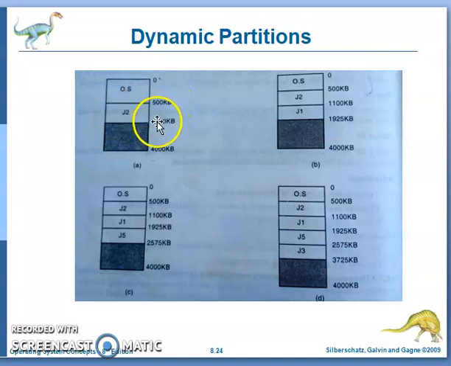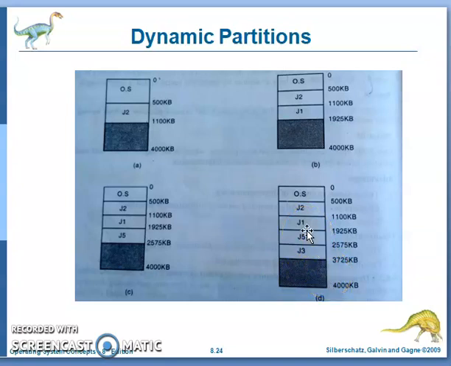So this is the first partition 500 to 1100, second partition, third partition, fourth partition. The sizes vary and those partitions are not fixed. These are dynamically allocated. So whenever a job is completed, you collect the free space and make it available for other processes, and allocate it.